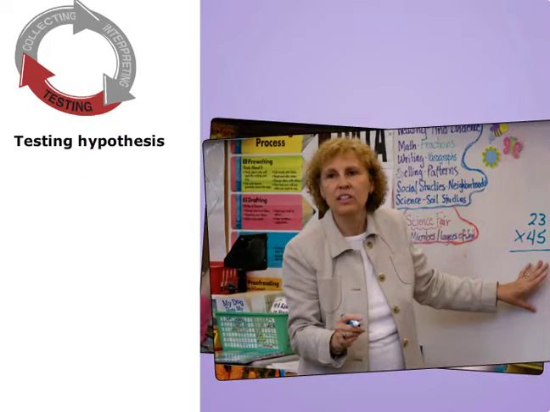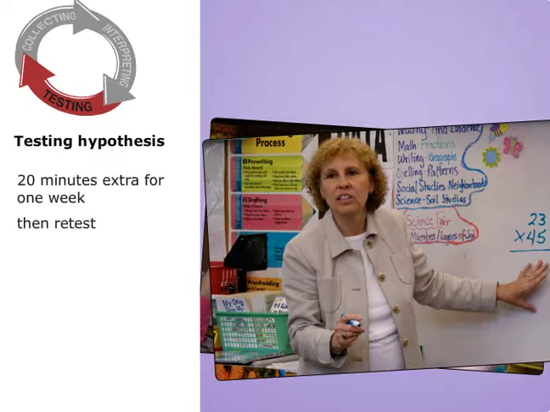For example, if student assessment results show that students are having difficulty mastering two-digit multiplication, teachers may decide to spend an extra 20 minutes on this skill for 1 week, and then retest students to see if mastery has improved.